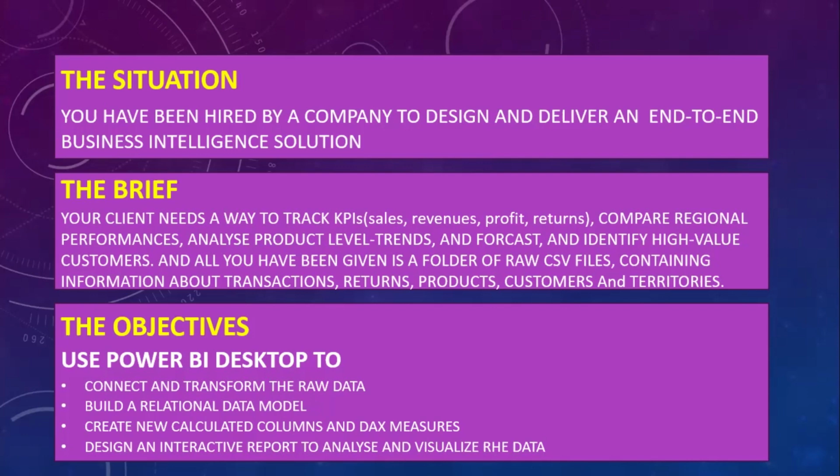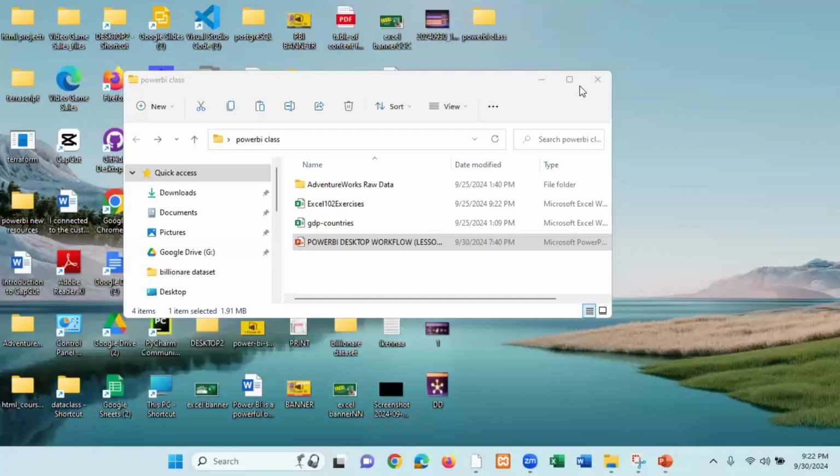So the first thing we will have to begin to do now is to learn how to connect and transform the raw data given to us. So as it stands now, we have raw data. Can we move on to see the raw data? I have a folder, and inside the folder, I have AdventureWorks raw data.